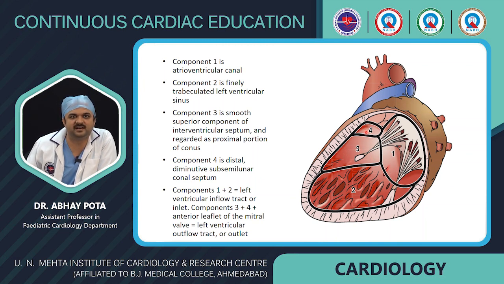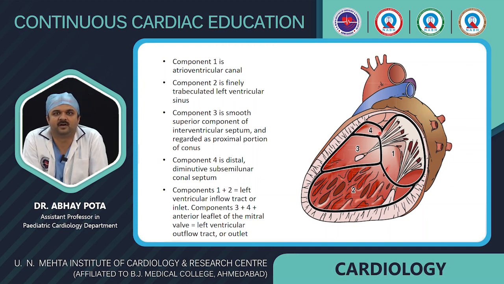Component 4 is the distal diminutive subsemilunar conal septum. We have a little bit of misconception about the conus, that it is only there in the right ventricle, but it is also there in the left ventricle, though very diminutive. So this is the left ventricular conus.